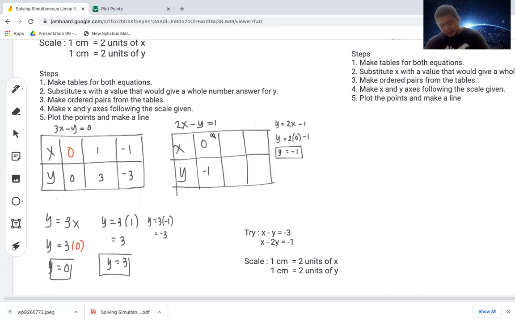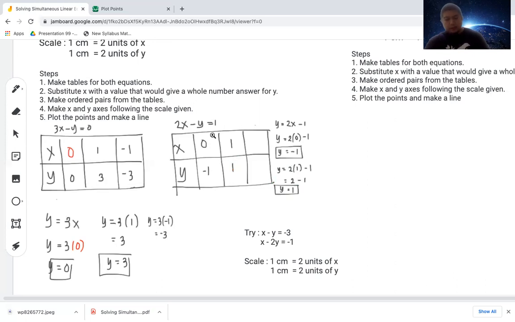So let's say I have 1 as a value for the x. I will write here 1 and substitute. You can now have this as 2 minus 1, wherein the y is equivalent to 1. Okay, so if the x is 1, then the value of the y is 1.